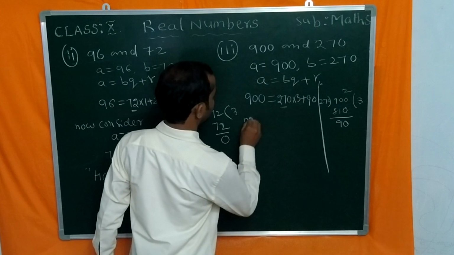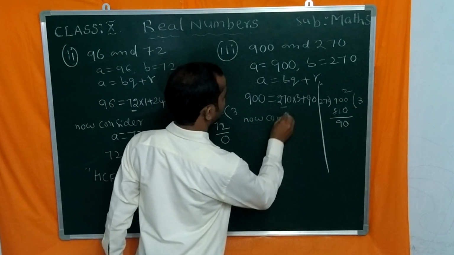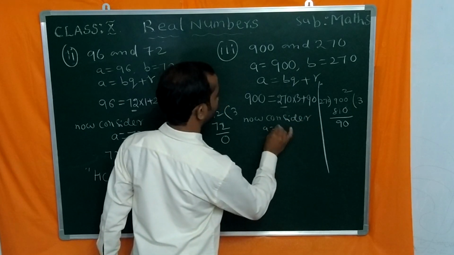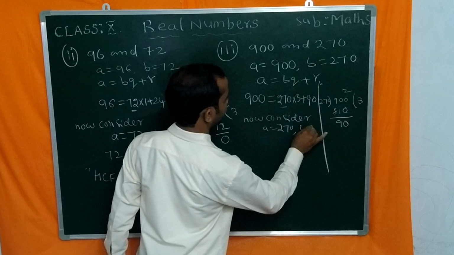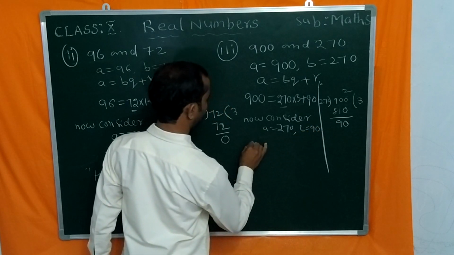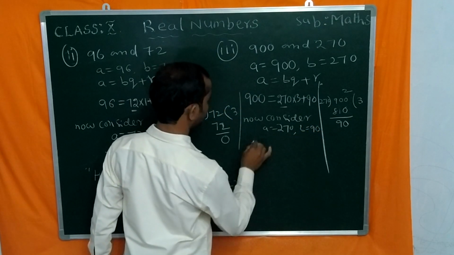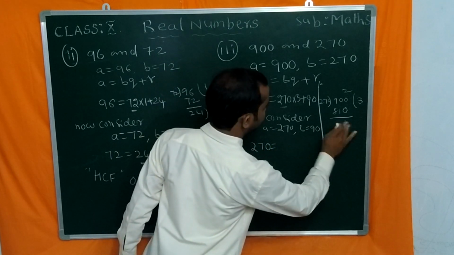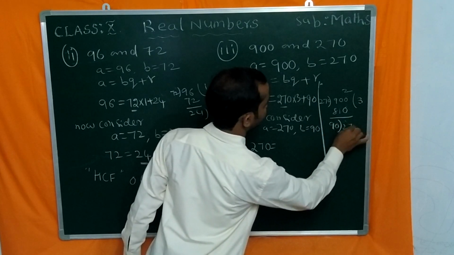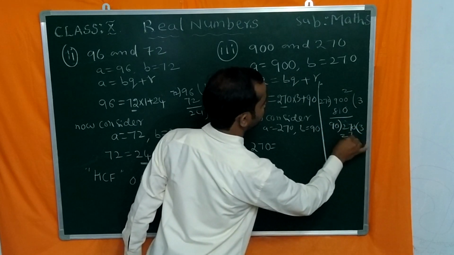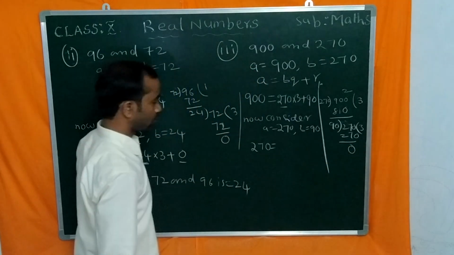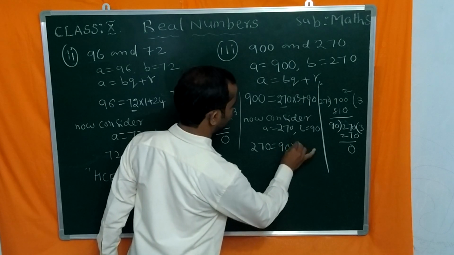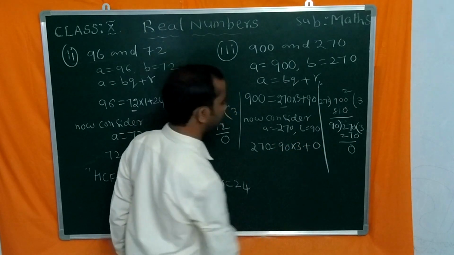So next step, now consider here a equals 270 and b is 90. So 270 is divided by 90. 90 threes are 270, remainder 0. So 270 is written as 90 into 3 plus remainder 0.